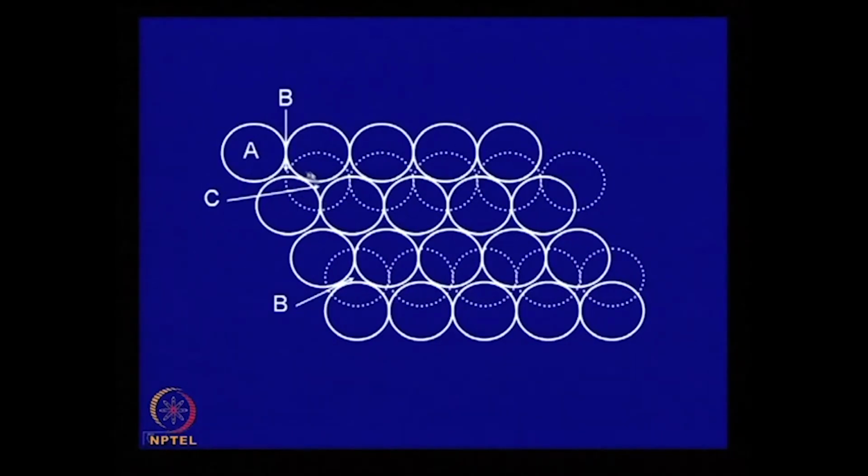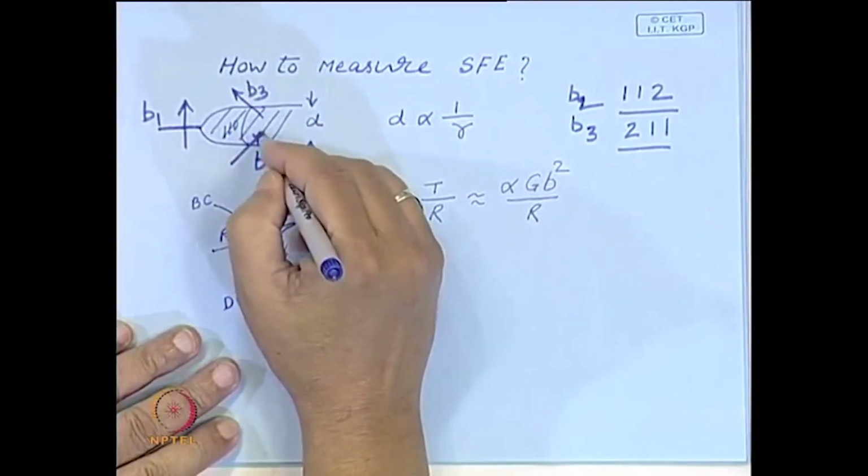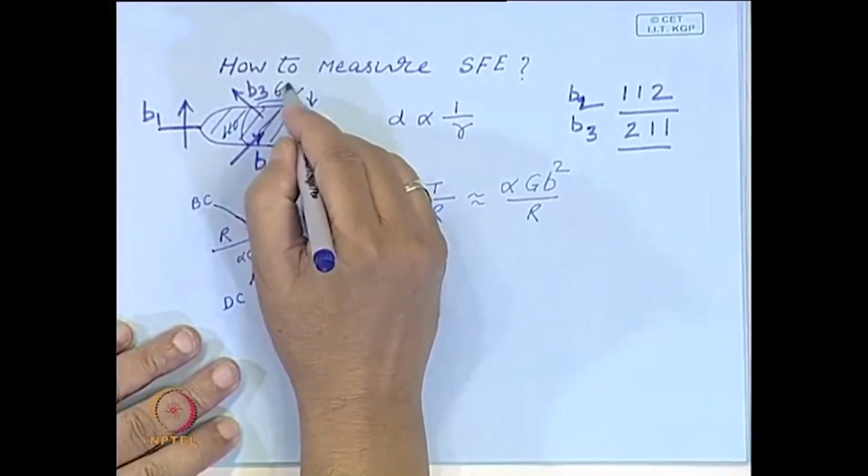If you extend this and extend that, this angle will be 60 degrees, because each of these subtends an equal angle in a plane. So, this angle is 120 degrees, but if you extend, this angle is 60 degrees.